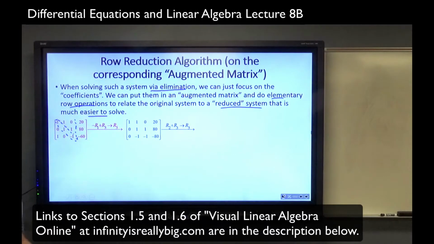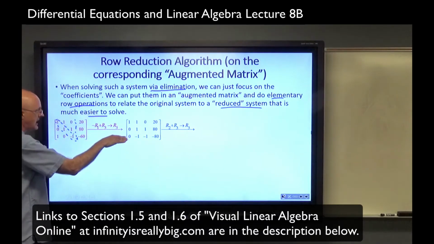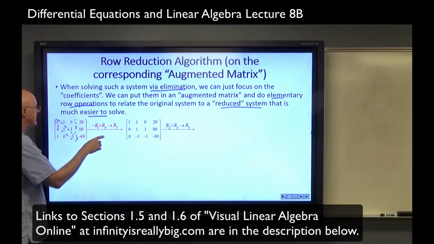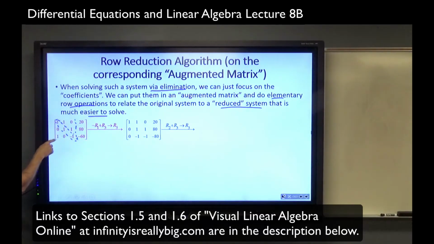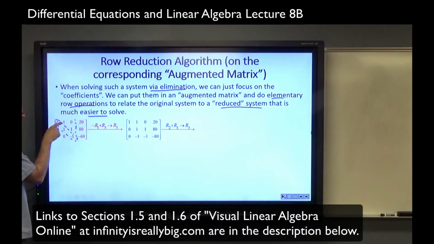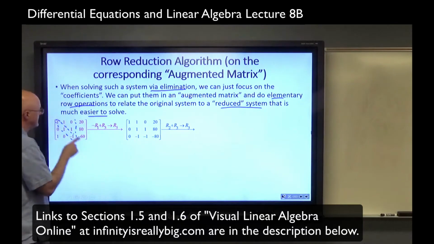Here's the result. So you leave the first row the same, leave the second row the same, change the third row. That's what this notation means. Multiply row 1 by negative 1, add it to row 3, put the answer in row 3. Again, negative 1 plus 1 is 0, put a 0 there. Negative 1 plus 0 is negative 1, put a negative 1 right there.